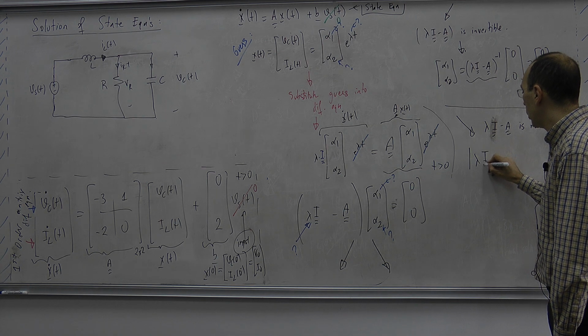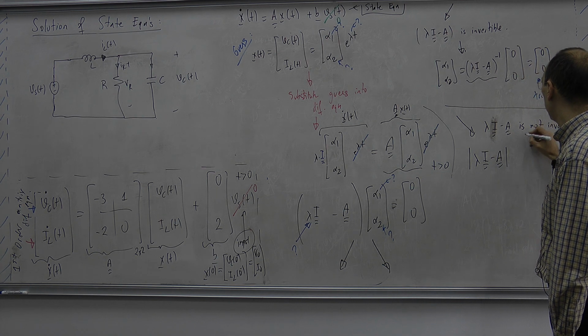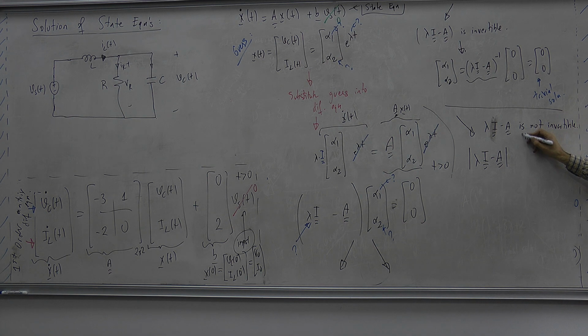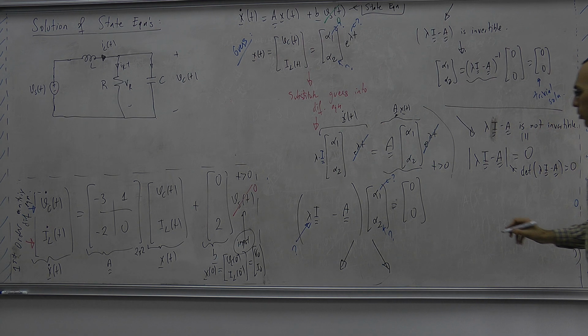Well, this is equivalent to assuming that the determinant of lambda I minus a is equal to 0. Sometimes we use these bars to refer to the determinant. This is a great result in linear algebra about invertibility and so on. If it is not invertible, then the determinant of this lambda I minus a should be equal to 0.